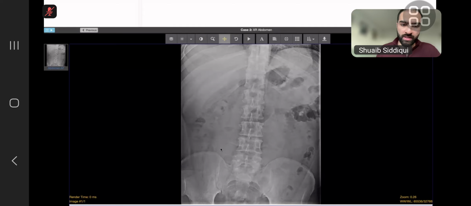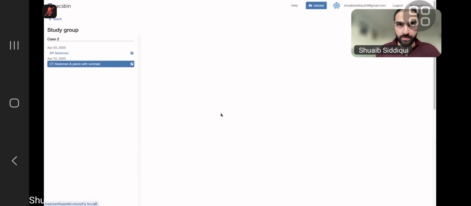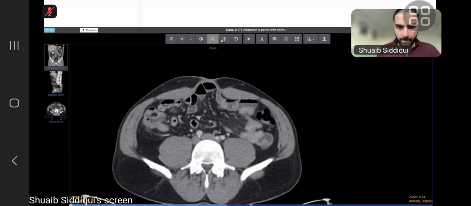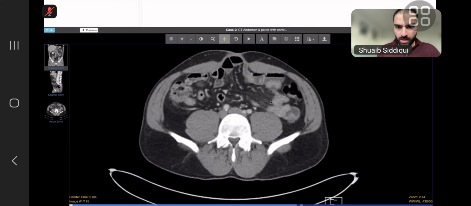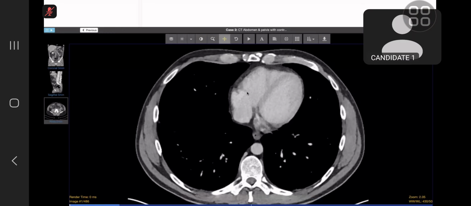That's fine. So we actually have a CT. The patient presented acutely with. Let me pull that up for you. Okay, hold on. Scroll through this CT, please.